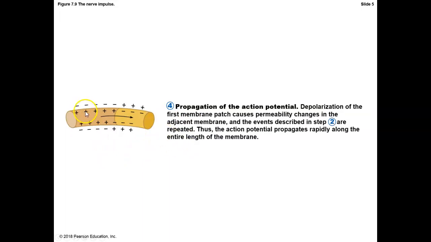So now we have the next section becomes more positively charged, and an action potential hits there. As this is occurring, the ones back here, this region is going to go into the repolarization mode. It's almost like when you're doing the wave, like if you're in a long line, one person stands up, puts their arms up, and sits down. The next person's already standing up.